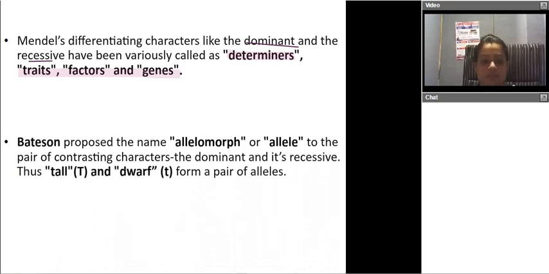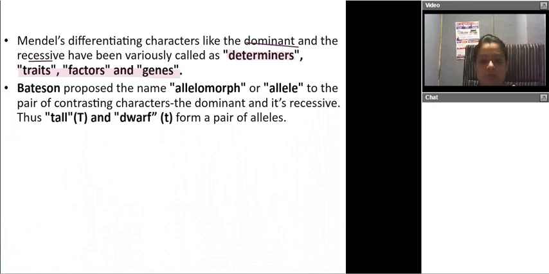Bateson also proposed the term allelomorph or allele. These pairs of contrasting characters are known as alleles or allelomorphs. The dominant one is represented by a capital letter and the recessive one is represented by a small letter.